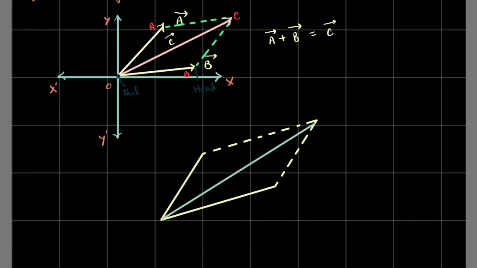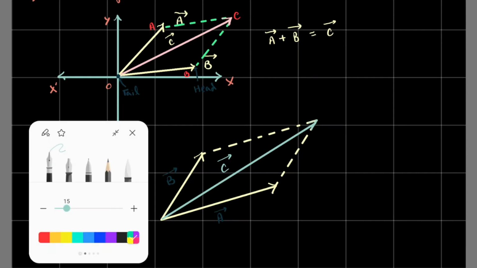This is the major diagonal, and let me draw some arrows. These are the arrows, and let me name this one as A vector, and let me name this one as the B vector, right? So the resultant will be the C vector, of course. Now, how do we get at the numerical value? It's very simple if you know some basic trigonometry.